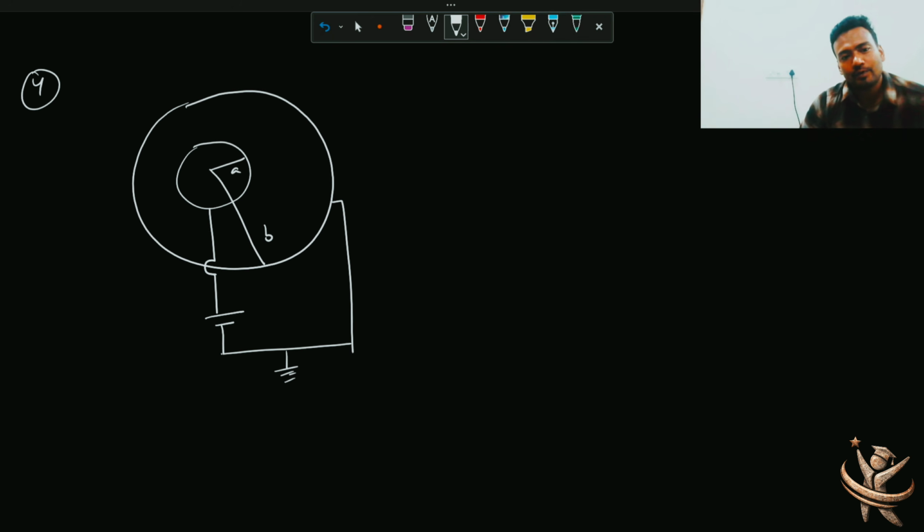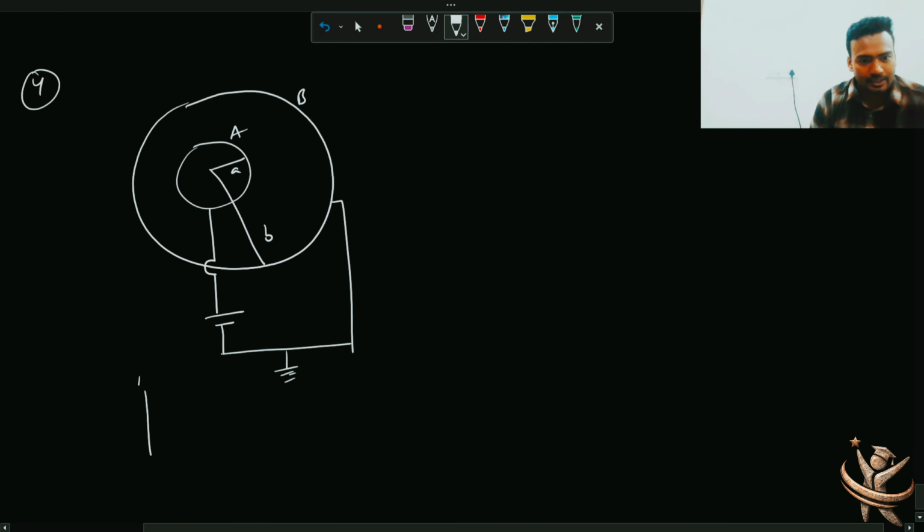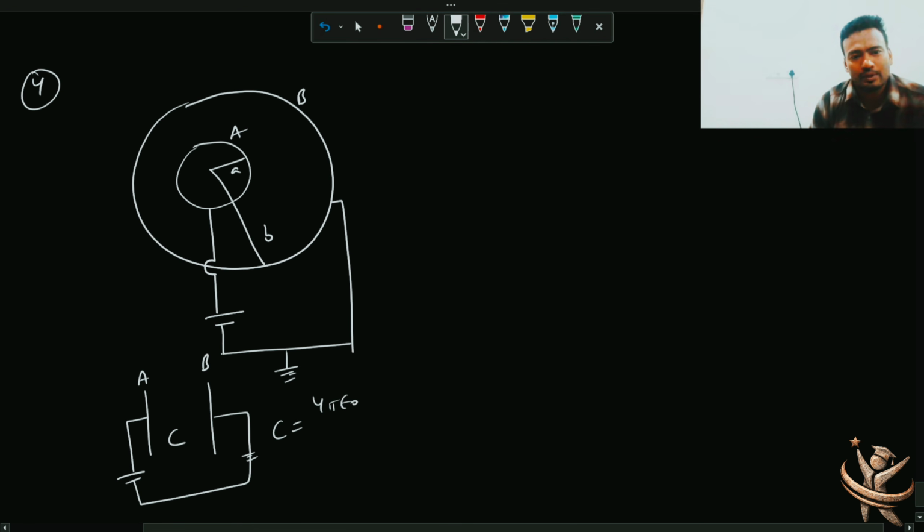So look at it like this, this is A and this is B, and B is grounded. With A you connected this, and then the battery's ground and this ground, you can connect them together. So it's just one single capacitance which is 4 pi epsilon naught 1 by A minus 1 by B.